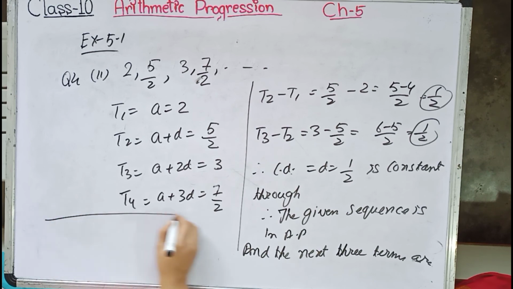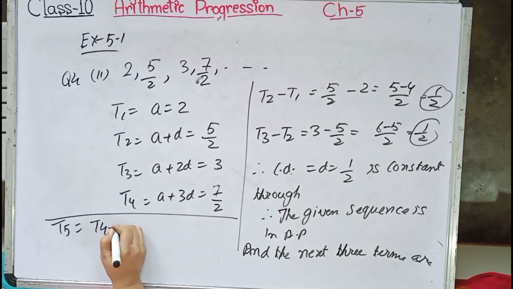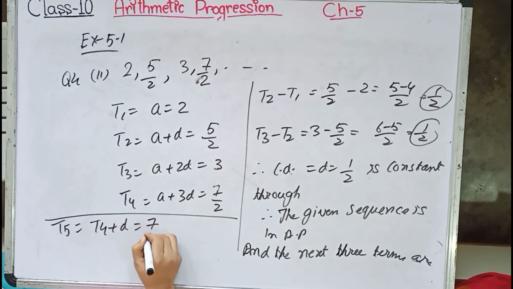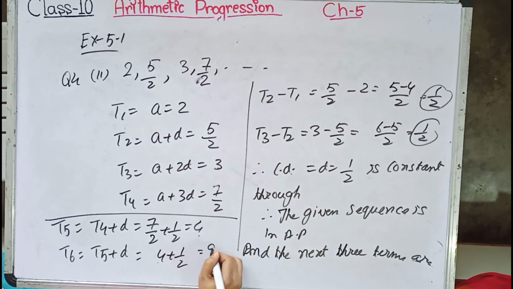So T5 equals T4 plus D equals 7 by 2 plus 1 by 2 equals 4. T6 equals T5 plus D equals 4 plus 1 by 2 equals 9 by 2, and T7 equals T6 plus D equals 9 by 2 plus 1 by 2 equals 5.